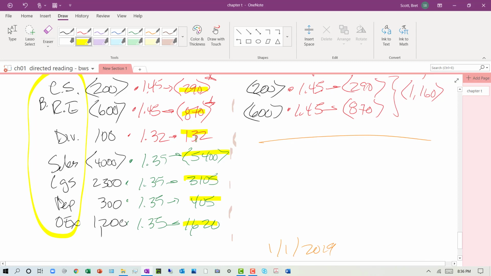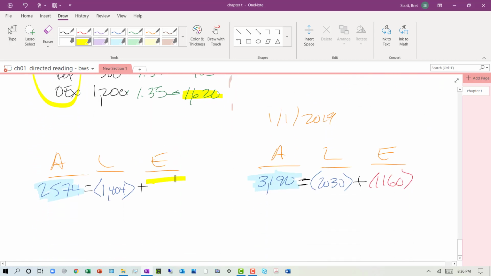If we sum up these items, beginning capital stock, beginning retained earnings, and net in the effects of the dividends, the sales, cost of goods sold, the net income overall, the sum of all of those guys is 1,298 credit.